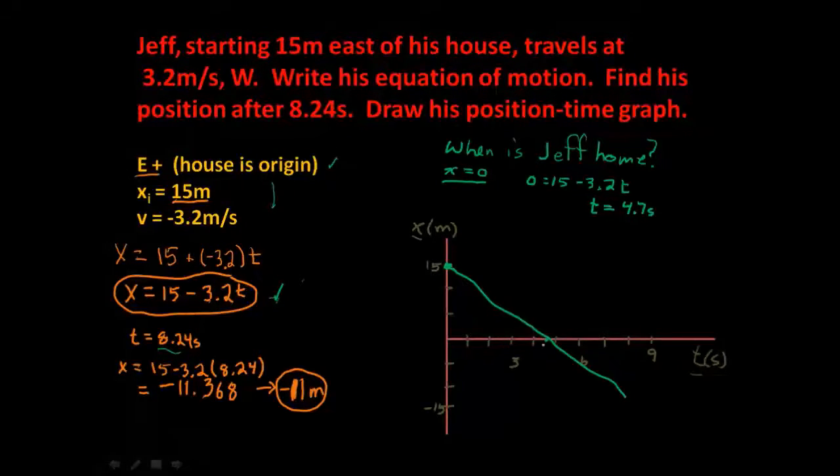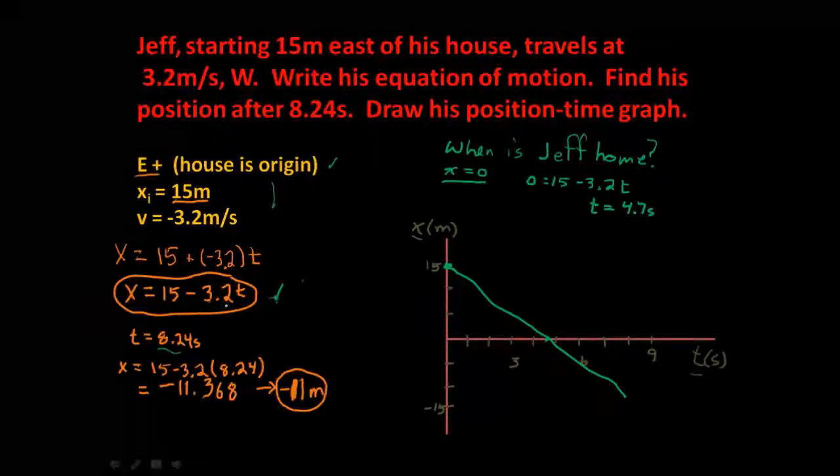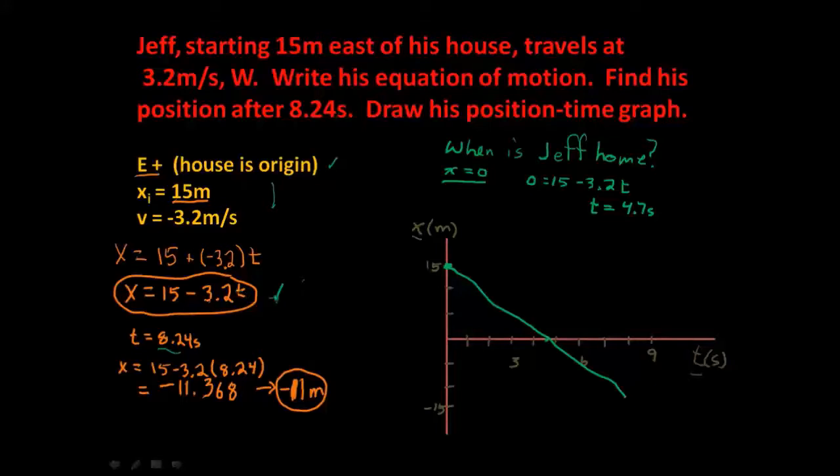Okay, last thing to notice. Remember when I mentioned the slope of this, but we didn't use it to graph it? That the slope was negative 3.2, because that is the coefficient of the independent variable, right? That slope is also the velocity. So that is kind of a key thing to take out of this. And that is the slope of a position time graph gives us the velocity.